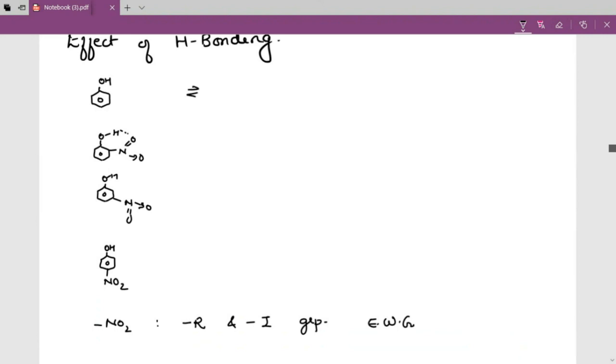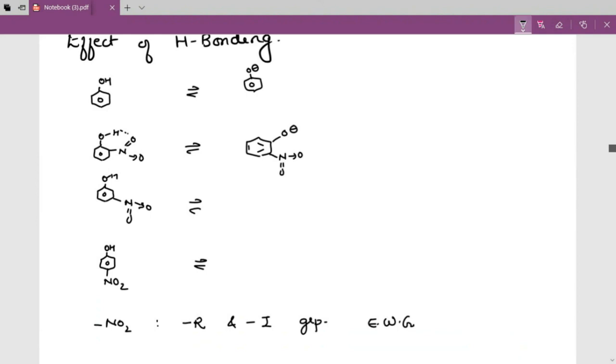When we draw and compare the conjugate base stabilities, certainly this is our reference molecule. No extra effect, no extra supporting factor is there. In this case, yes, I will get support of resonance of NO2 to stabilize O minus.